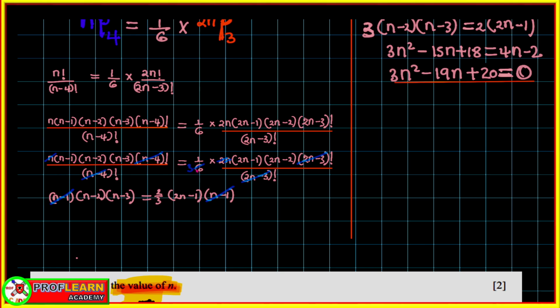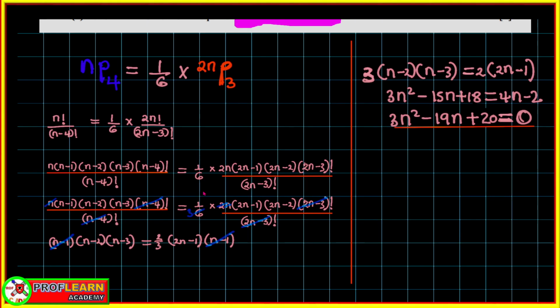So that's exactly what I did, so that I remained with n minus 2, n minus 3 into 2 over 3. The 2 over 3 is coming, the 2 that we have at the top here is coming from the factorization of this expression that I'm having here, so that we have 2 over 3, 2n minus 1 only.